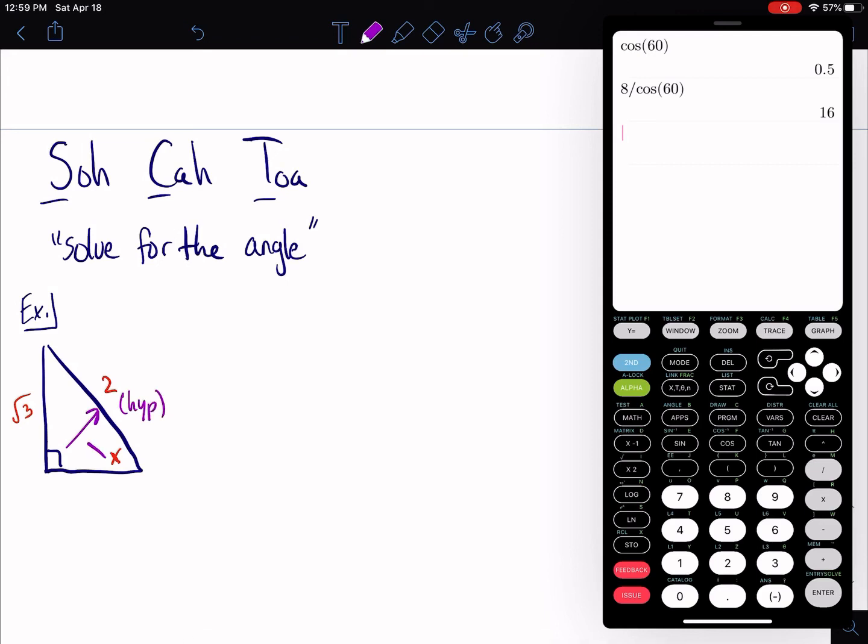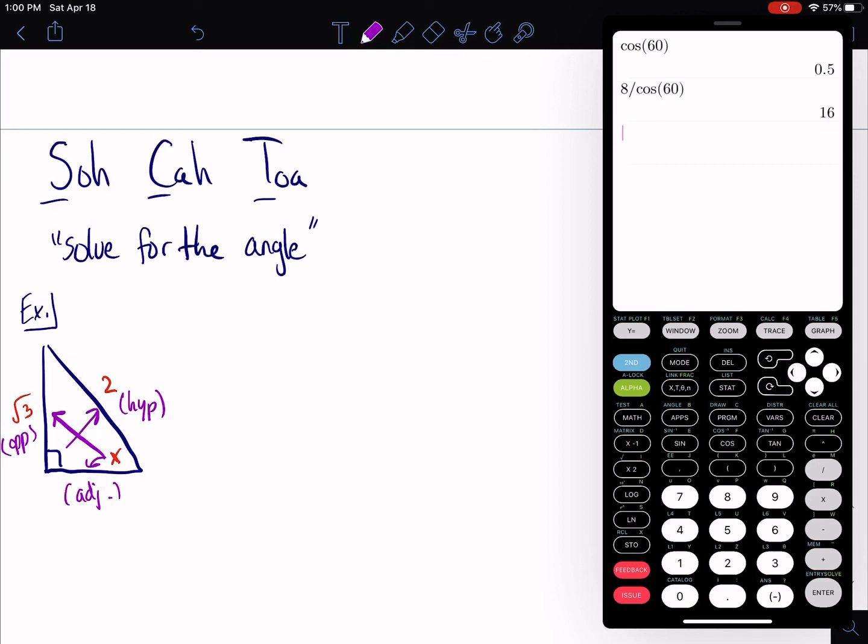Then I look at angle X, the angle in question, and across from that is my opposite side. So I've got my radical 3 as the opposite, and then next to my X, there's nothing. So that's just the adjacent side, but we don't have any information for that. So we're going to be using the opposite and the hypotenuse.